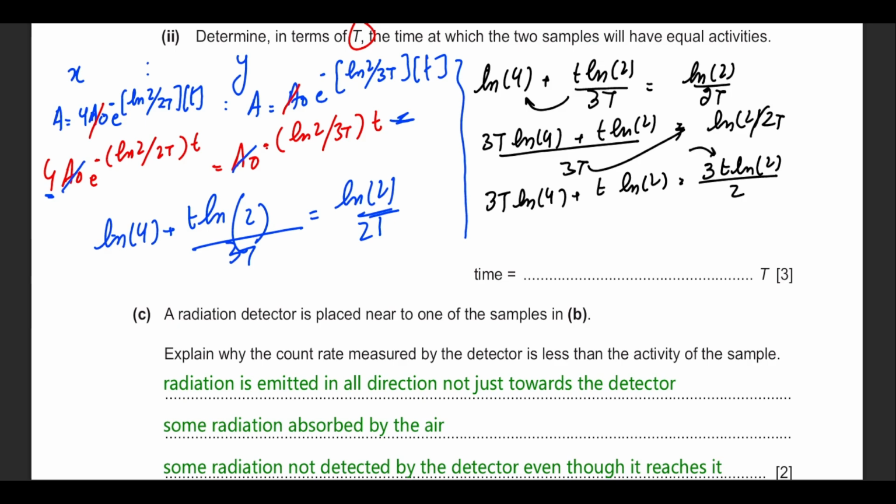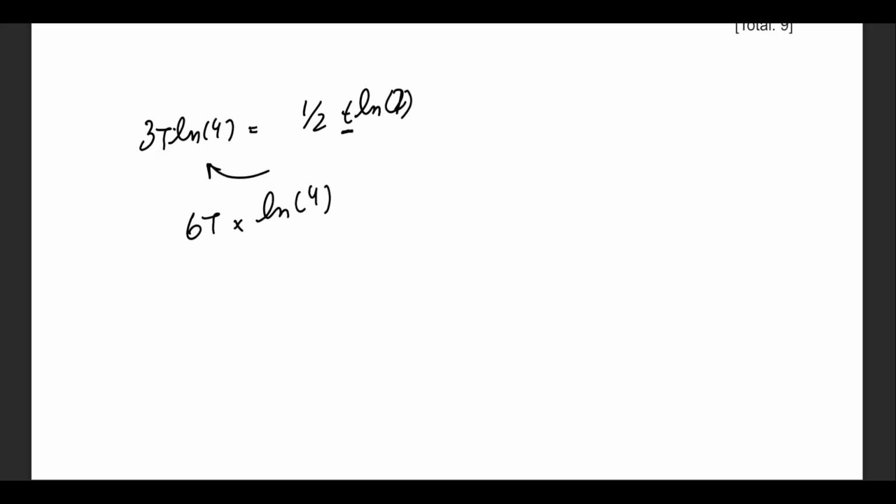Since this is also variable t, we can take this to the side and subtract them collectively to get this. So this becomes 3t ln of 4 equals 1 over 2t ln of 2. And since we want this to be the subject of the formula, this goes to the side. This becomes 6t multiplied by ln of 4 divided by ln of 2 equals capital T. This is what we wanted to find.